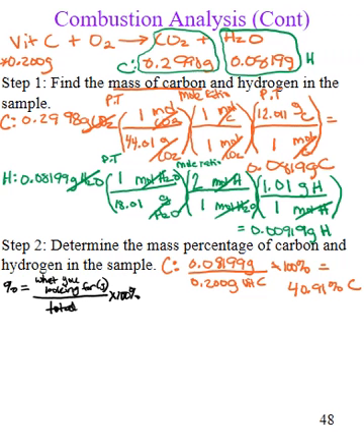Now we have to do the same thing for hydrogen. So we take what we found, the grams of hydrogen, and we divide by the sample, which again is 0.200.